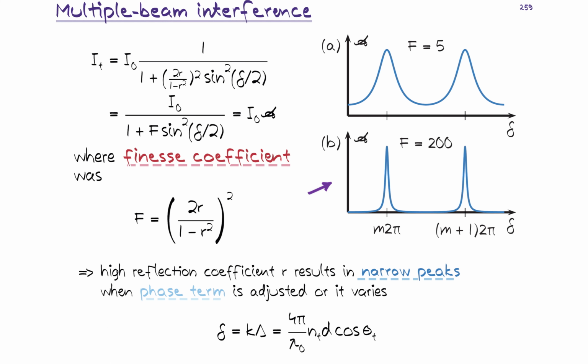My point here was just to show you the parametric dependencies, what are the different parameters associated with these kind of structures that dictate how the irradiance distribution looks. And now we know that if we adjust the finesse coefficient, so essentially the reflection coefficients, we can really modify how narrow or how broad the peaks I'm measuring are.